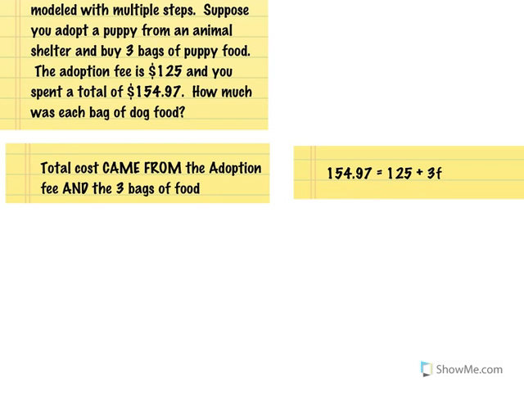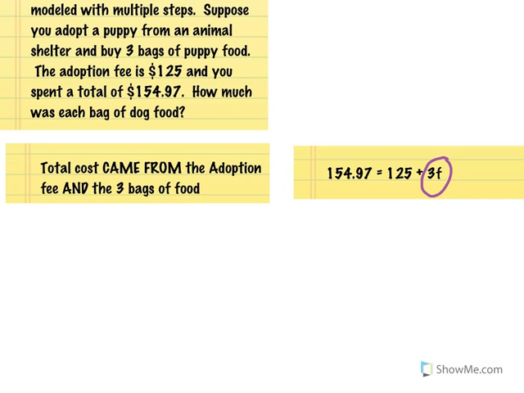My total was $154.97. My adoption fee was $125, and I know I bought 3 bags of food. I'm trying to figure out how much each bag of food costs, so I'm solving for that F. And what's going on here with 3 and F, we're multiplying it. When I have a number right next to a variable, that means they're multiplied together.